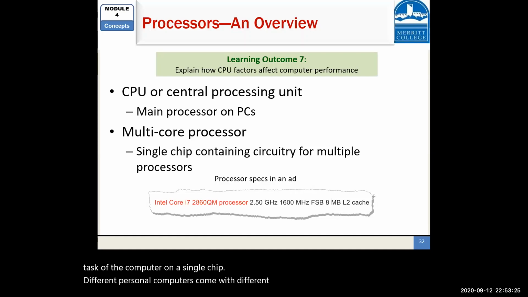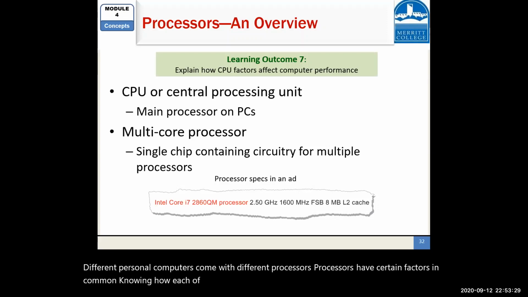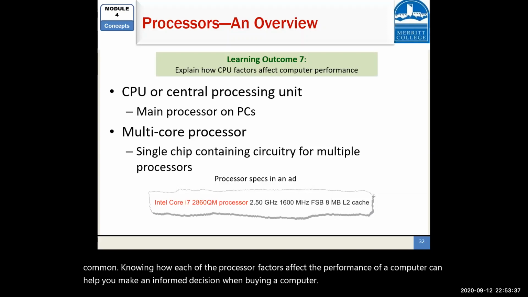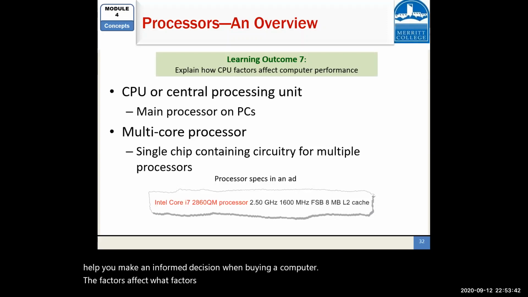Processors have certain factors in common. Knowing how each of the processor factors affects the performance of a computer can help you make an informed decision when buying a computer. What factors affect processor performance?